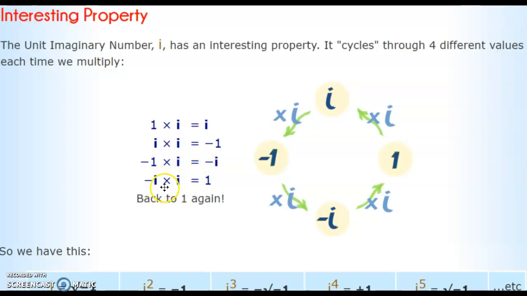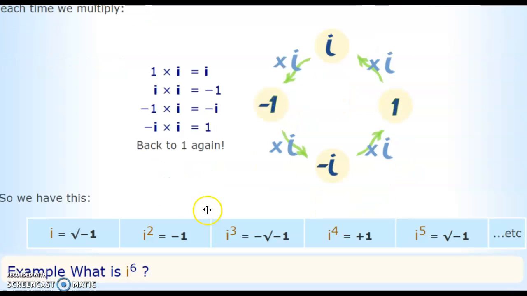And if we raise it to the fourth power, we end up with -i times i, which would be -i squared, or -1 times a negative, which gets us back to +1 again. So we get this pattern over and over again. Once we hit i to the 5th, it's the same as i.